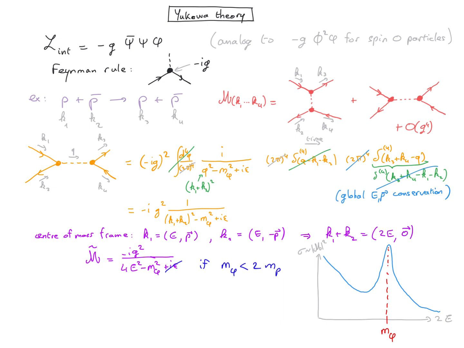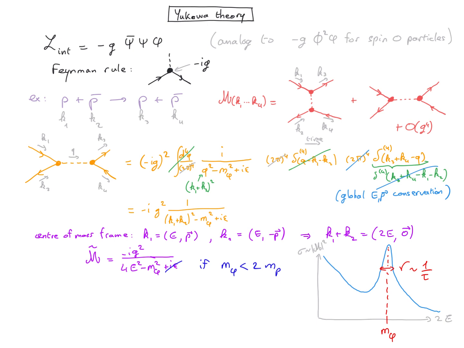Indeed, we won't show it, but if we were to account for the possibility for the boson to decay, that will introduce additional term in the denominators, imaginary term, proportional to the width of the resonance, or inversely proportional to the lifetime of the particle, and which will naturally allow us to take I epsilon equal to 0.